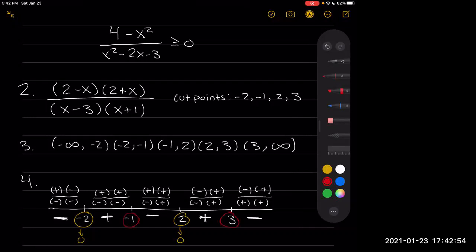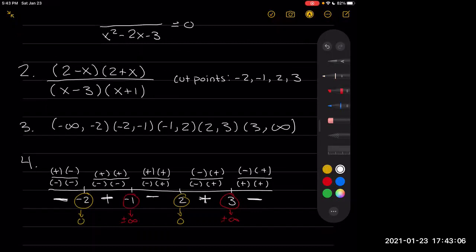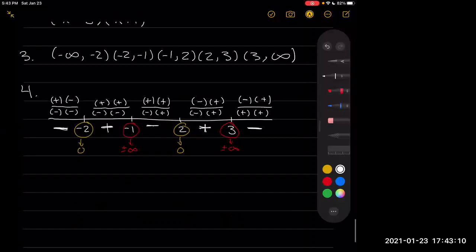So these will go to positive or negative infinity. This is something just to remember about rational functions. But we know when we have something that is greater than or equal to 0, we can write our intervals.